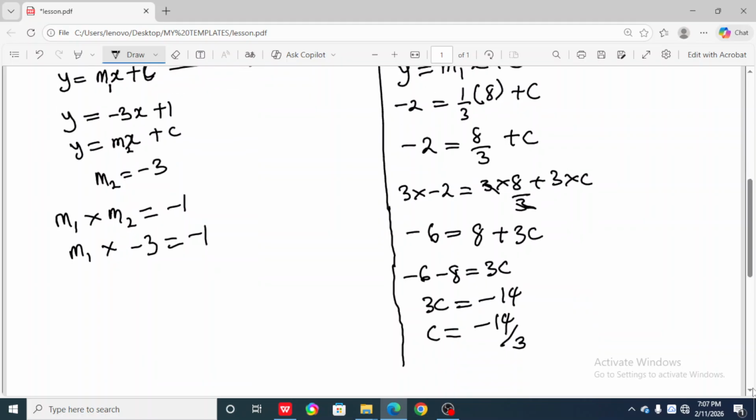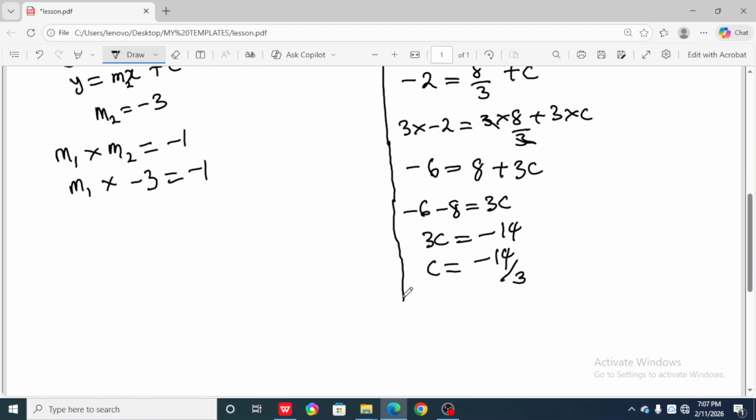So now we will substitute. m1 is equal to 1 over 3, and c is equal to minus 14 over 3. We are putting it in equation 1, which is the equation that we are looking for.